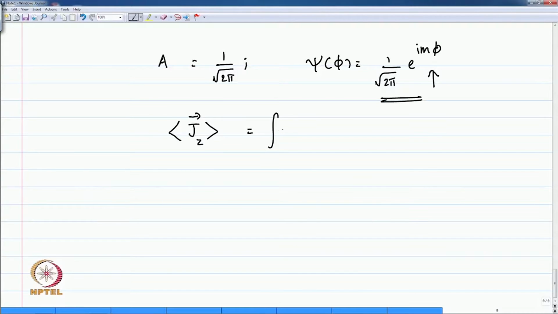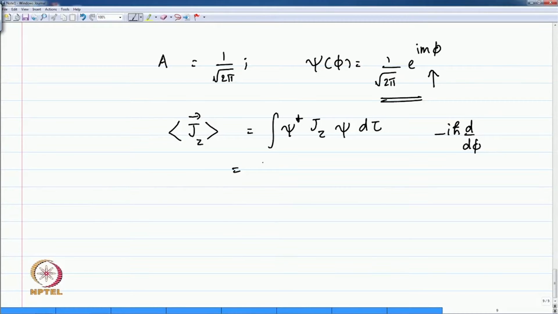The angular momentum is in a direction perpendicular to that, and that you know is nothing but the integral of psi star, the operator jz, psi d tau, which in this case the operator is minus i h bar d by d phi. This is the angular momentum operator that you use to derive this result.